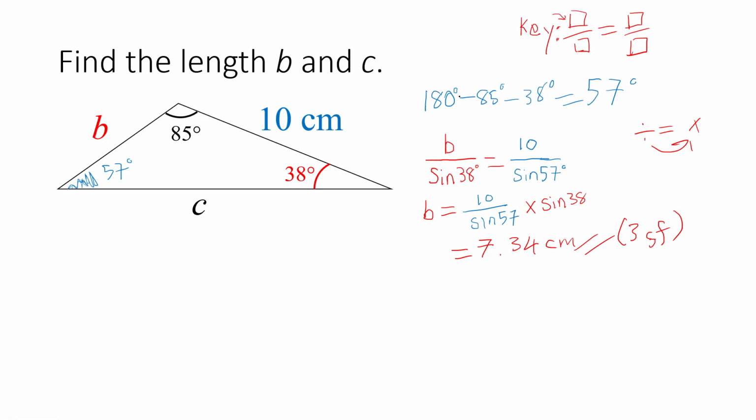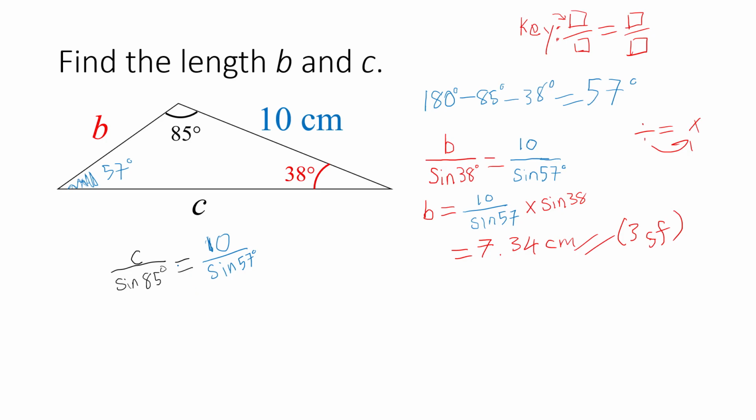Since we want to find C, we put C as the numerator on the left-hand side over sine the angle, which is 85, because 85 is the opposite angle of C, is equal to, let's just continue using 10 and the opposite side, which is sine 57.